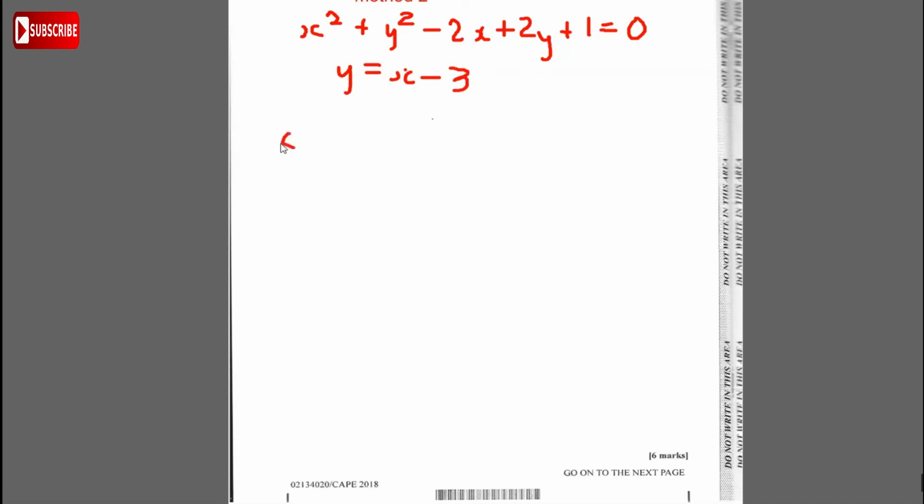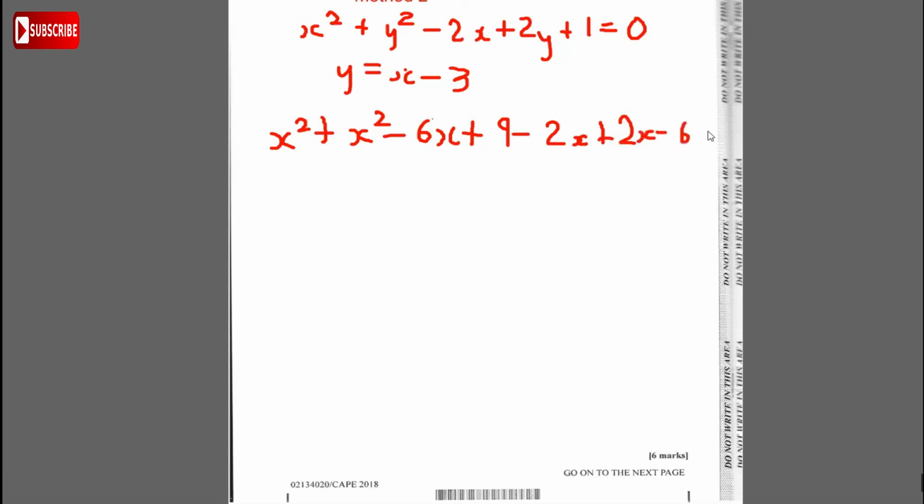And so you're going to get x squared. Substituting y as x minus 3, this will become plus first term squared, which is x squared, minus twice the product, which is minus 6x, plus second term squared, which is plus 9, minus 2x, and then 2 times y will be 2x minus 6, so it will be plus 2x minus 6.